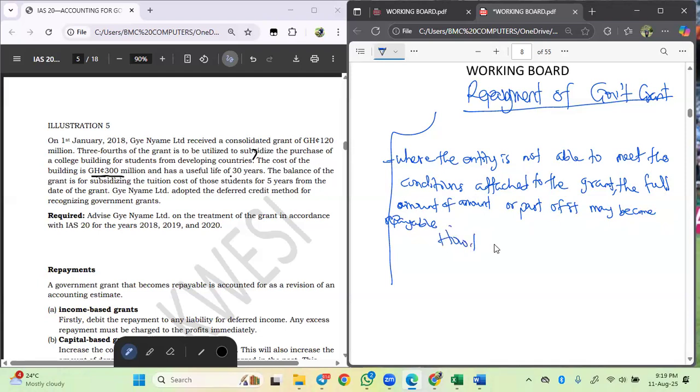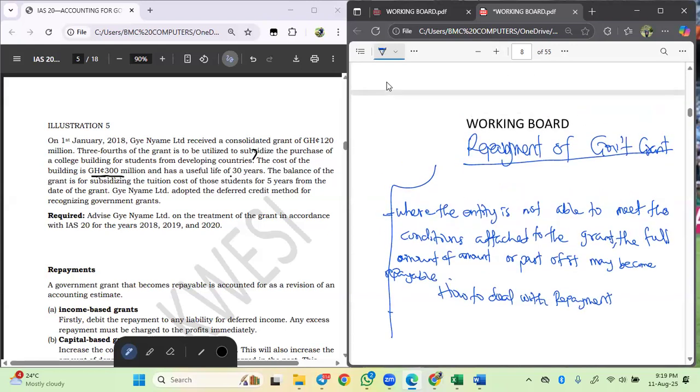Now let's look at how to deal with this repayment. Now we are saying that any repayment should first be set off against any unamortized deferred credit. In other words, the deferred income, the amount that you are having in the deferred income here.